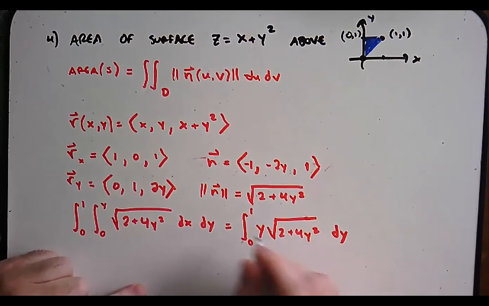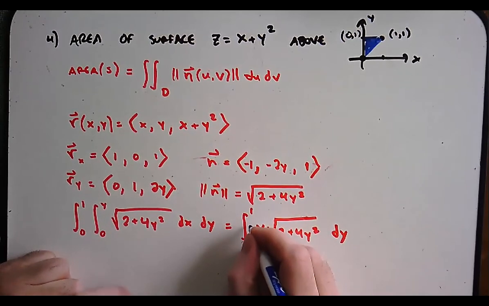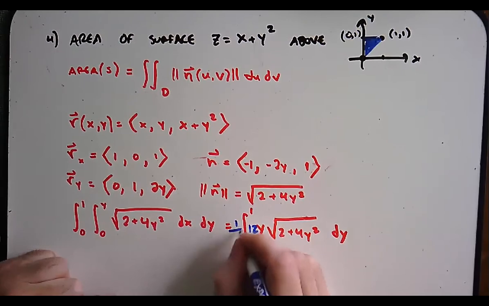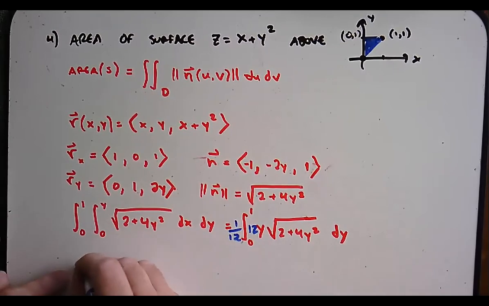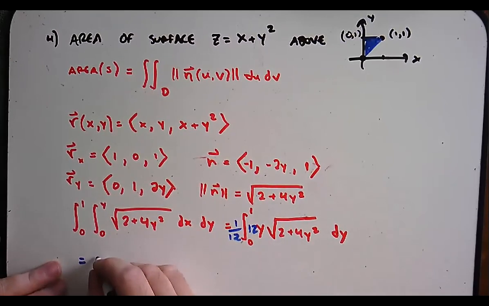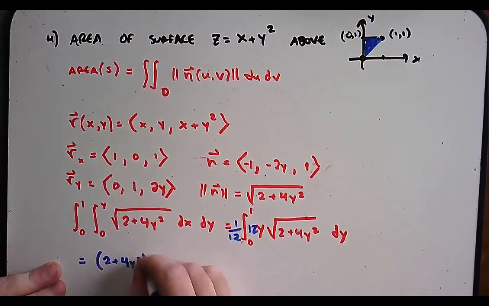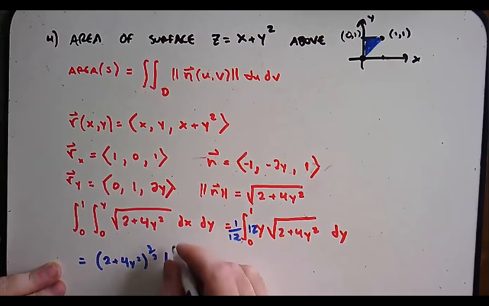So 3/2 times 8 would be 24/2, that's just 12. I can put a 12 here and a 1/12 there. And then I have exactly what I need for my integration here. And so what that'll give us is an antiderivative of 2 plus 4y squared raised to the 3/2 power. And we're going to evaluate that at 1 and 0.